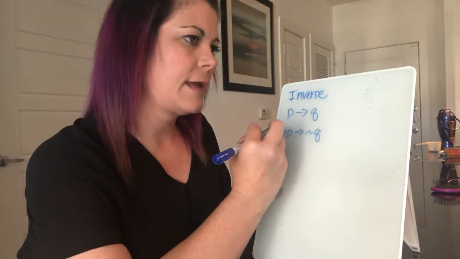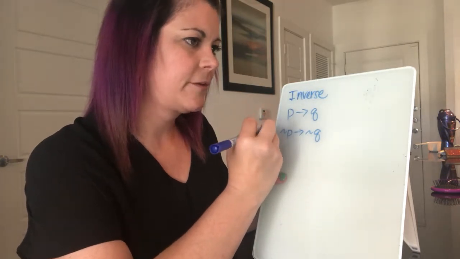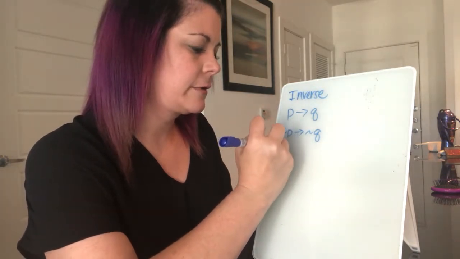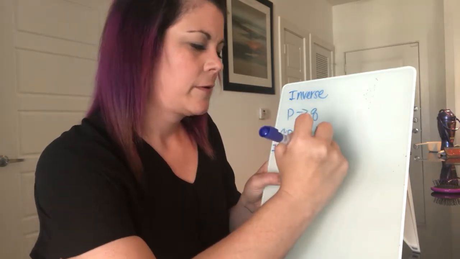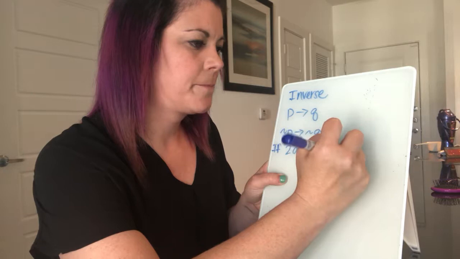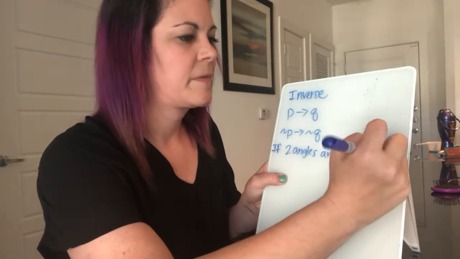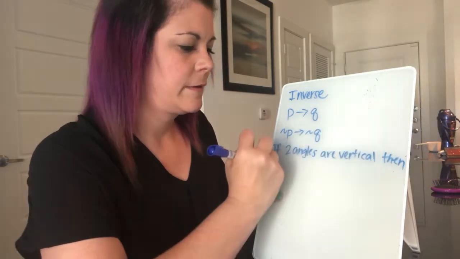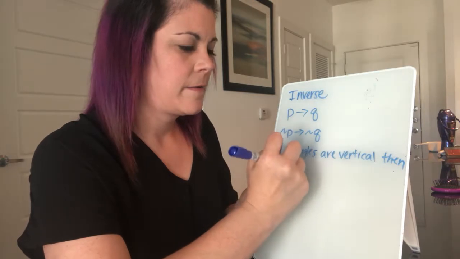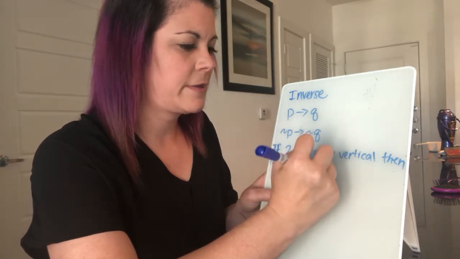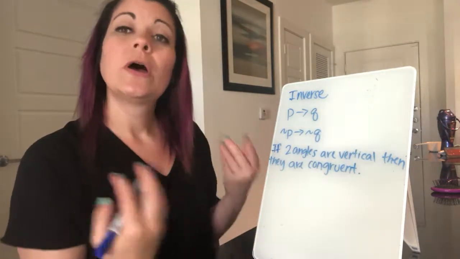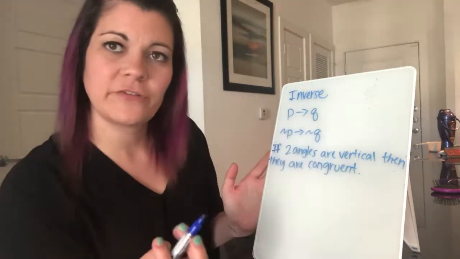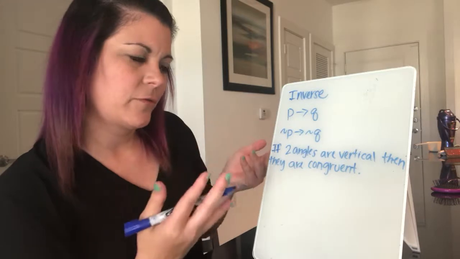So in this case, the inverse. If two angles are vertical, then they are congruent. That was our original conditional statement. So to write the inverse of that, all we do is make it negative, both statements.